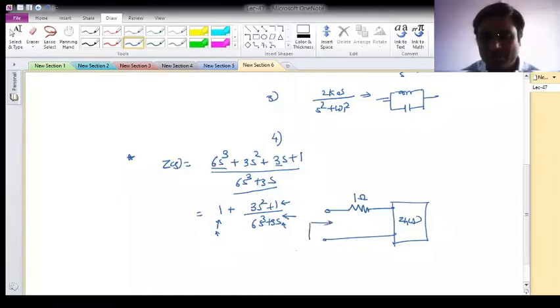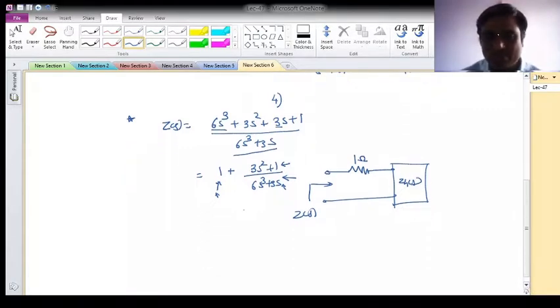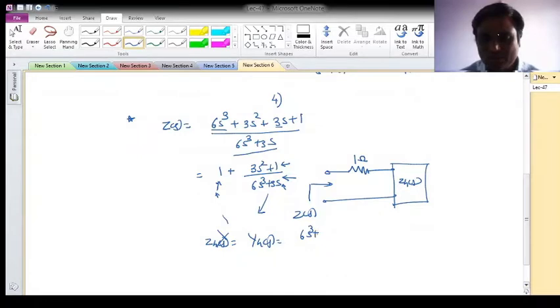This way you can realize it. Now, next, this is the remaining term, which is Z4 of S, so here I can remove the pole at the origin, or in the other way, if I take the inverse of it, instead of impedance, if I take the admittance, it will be (6s cube plus 3s) divided by (3s square plus 1).